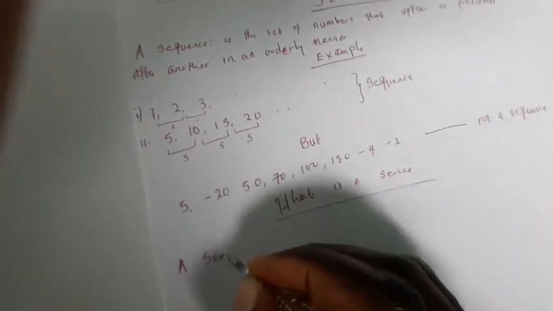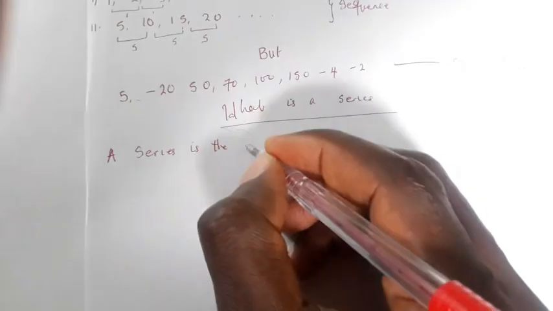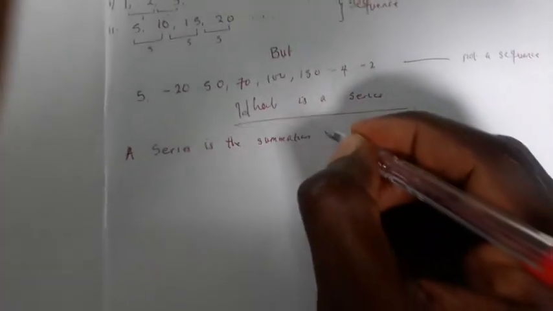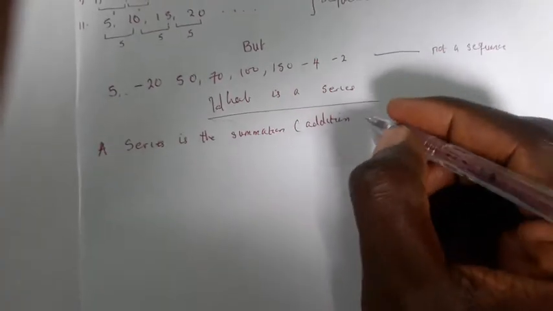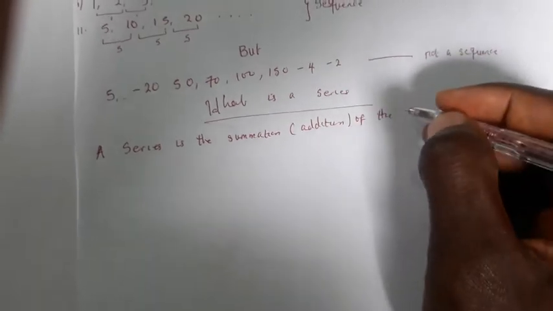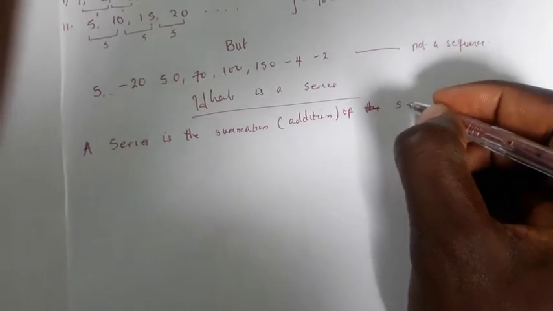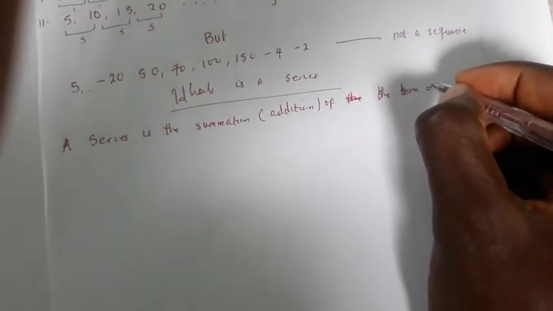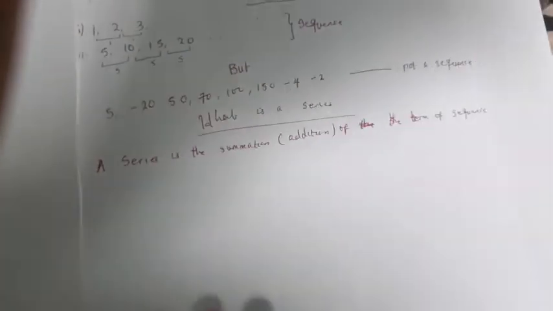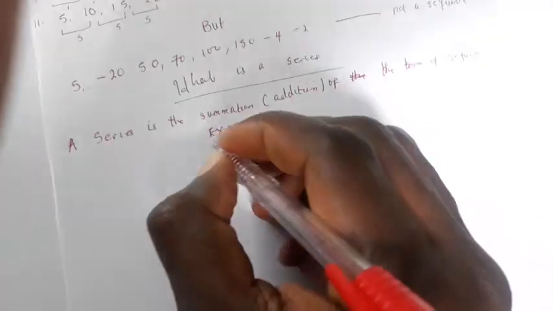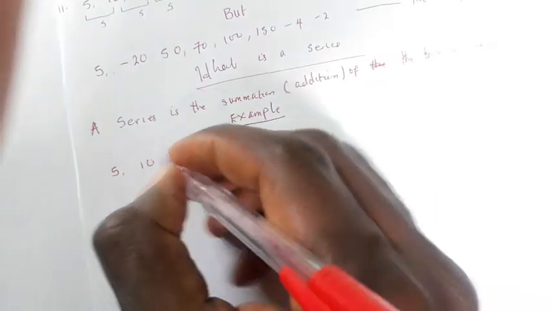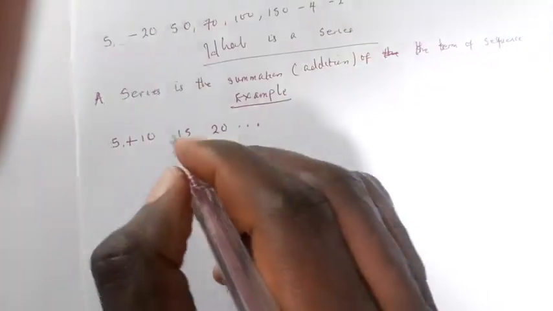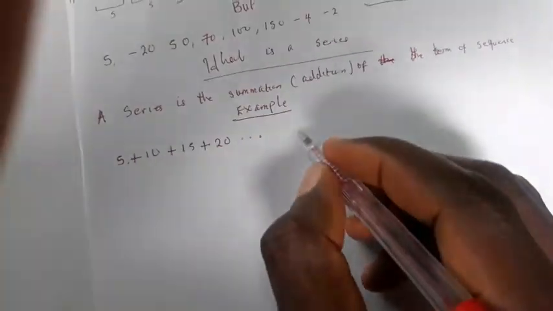For example, if we have the same 5, 10, 15, 20, and instead of commas we now put plus, we put addition there. This is referred to as a series.